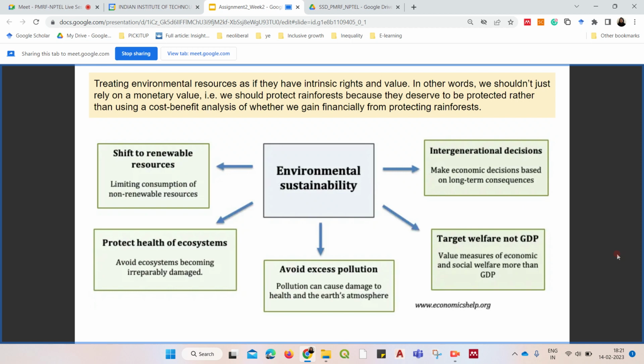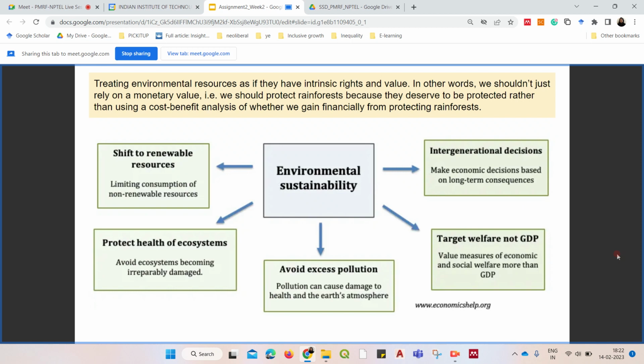So we have to take care that we use the natural resources in a way that they're not irreparably damaged. Of course, any human activity which we perform takes some resource from the ecosystem, but we have to make sure that even after taking some natural resource, the ecosystem is able to regenerate the resource and then regulate all other components of the ecosystem.